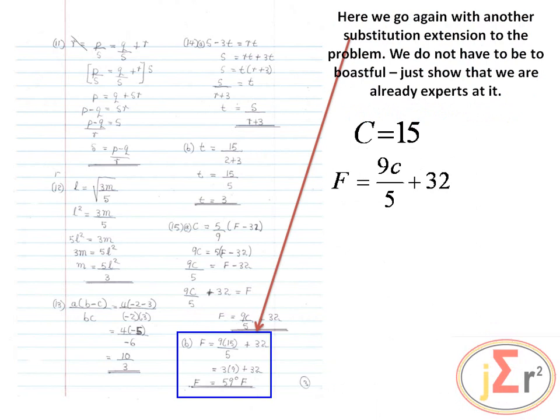We will finish up with another substitution, because we also need to find the value of f when c is equal to 15, and there we have our template into which we will substitute.